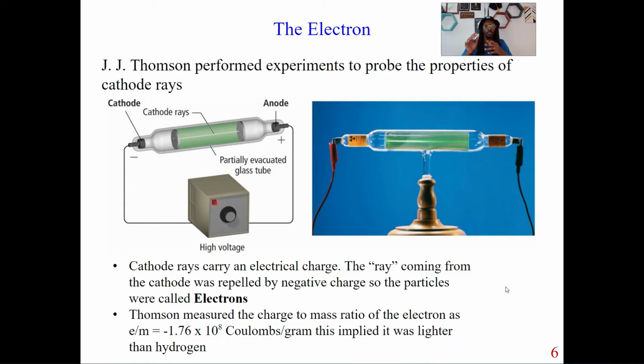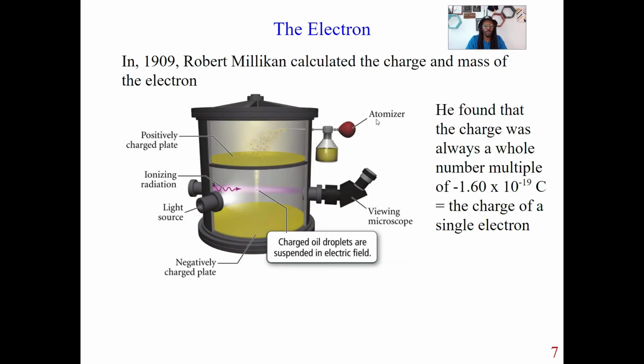There were no other types of particles. But he found out that electrons exist, and they're actually lighter than hydrogen.